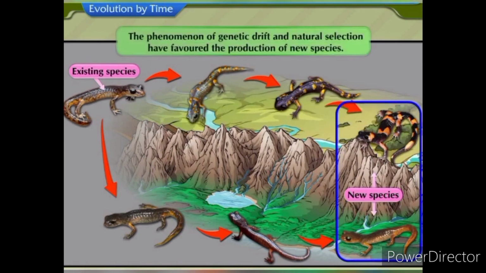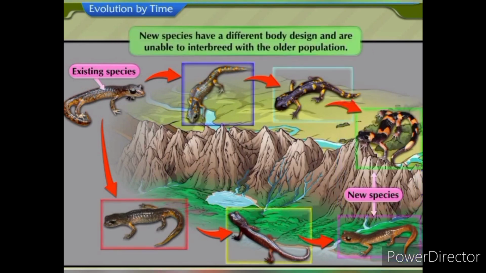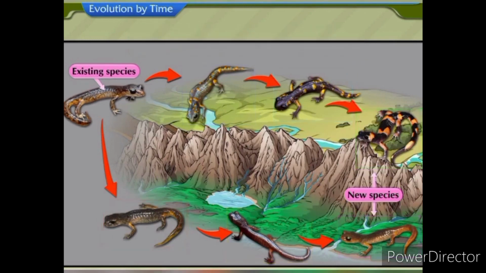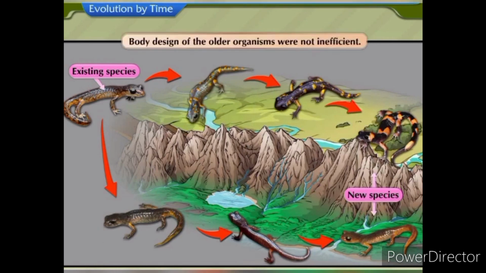It is just that the phenomenon of genetic drift and natural selection have favored the production of these species. They have a different body design and are unable to interbreed with the older population. Again, it is not that the body designs of older organisms were inefficient.